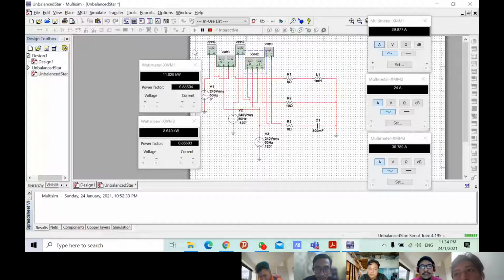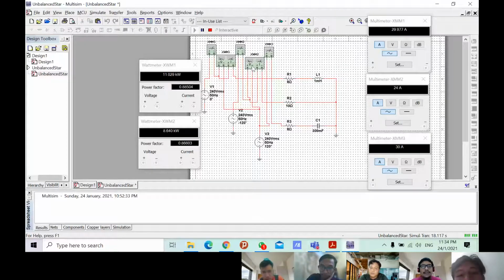Alright, can you see the measurement in the simulation? For the first wattmeter, it got 11.029 kilowatt, and for the second wattmeter, it got around 8.64 kilowatt.